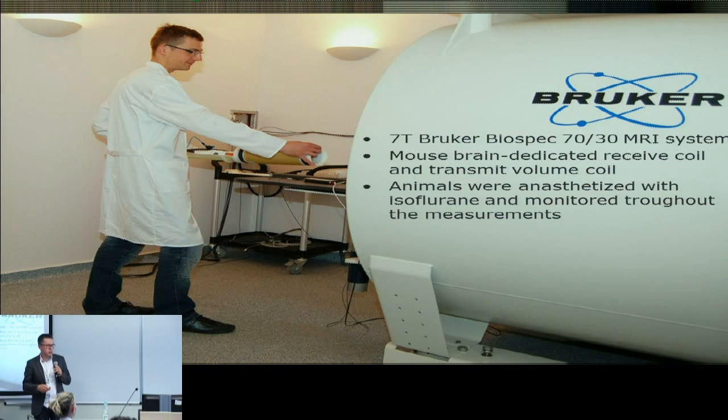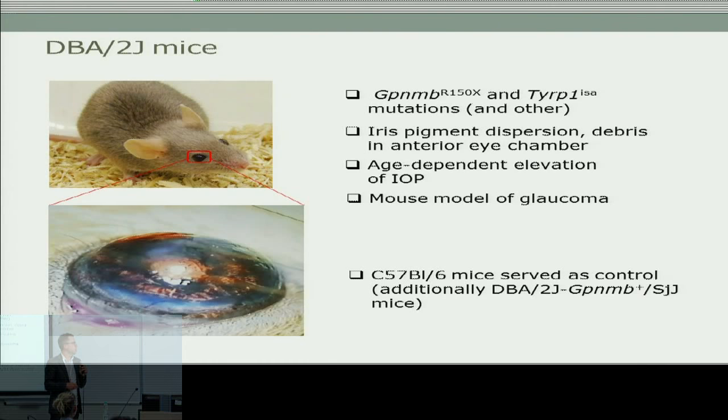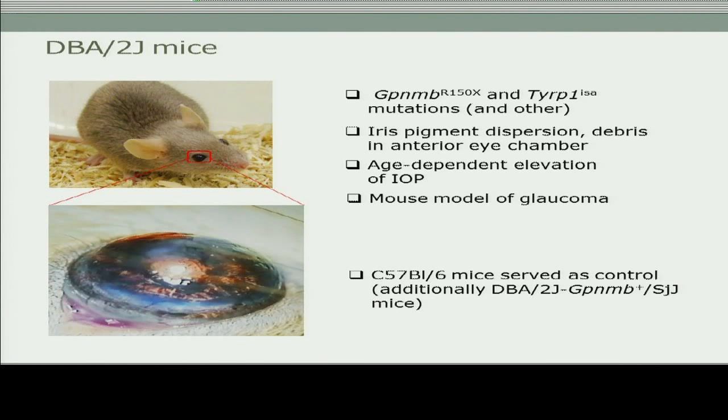Our studies were mostly based on magnetic resonance imaging with this system, 7 Tesla Bruker Biospec. And we used a mouse model of glaucoma. This is a pretty old strain of mice, DBA2 mice, that carry these 2 mutations.